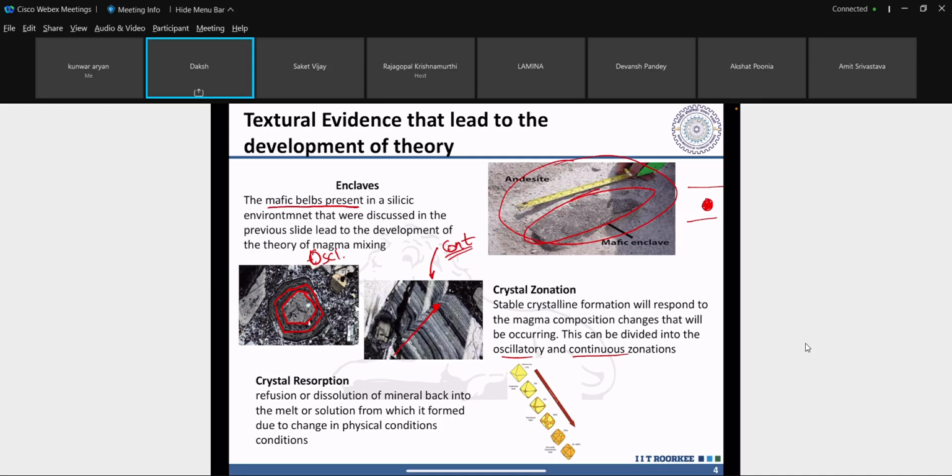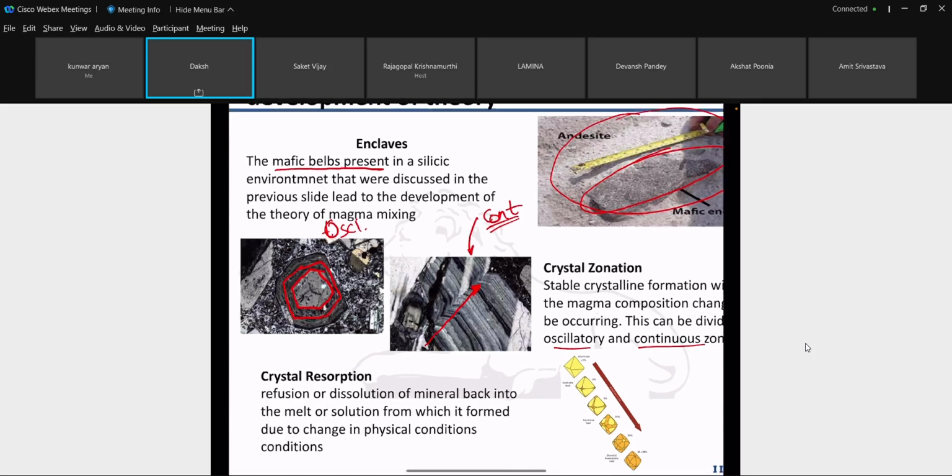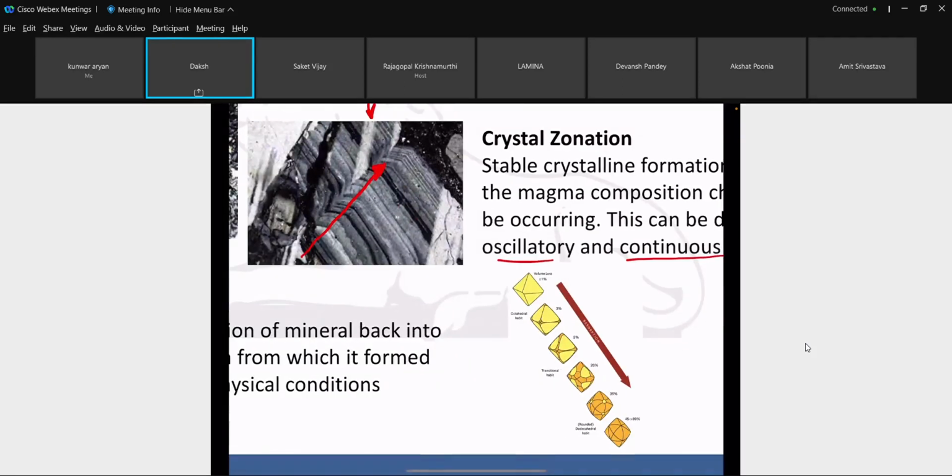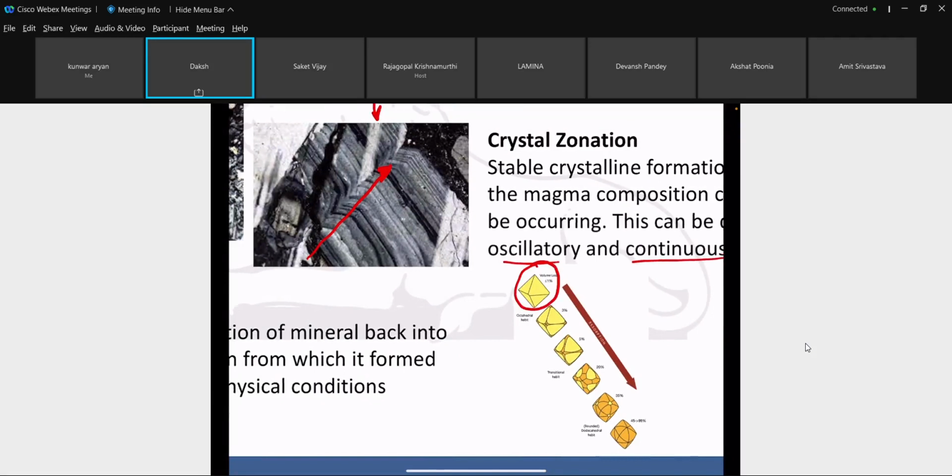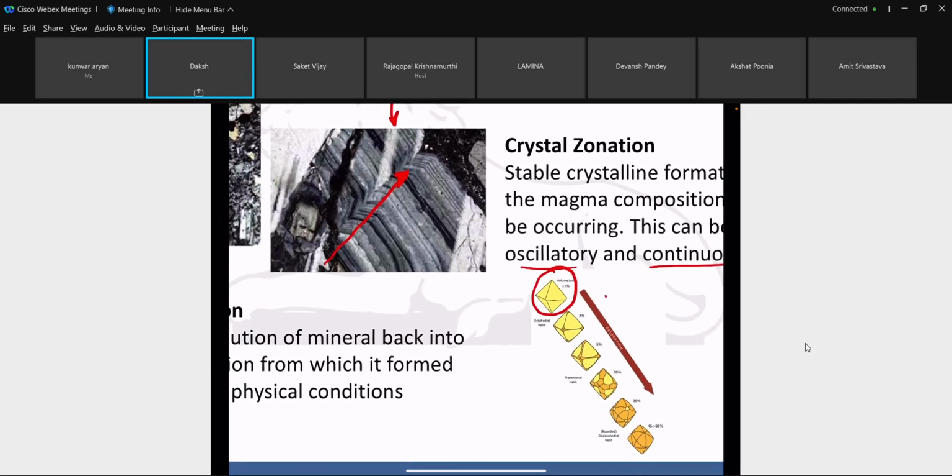Now the third structural evidence was crystal resorption. So what is crystal resorption? Basically, consider that there was a crystal like this, and as and when the temperature increases, the crystal starts degrading and chipping off. This is the whole process of resorption.